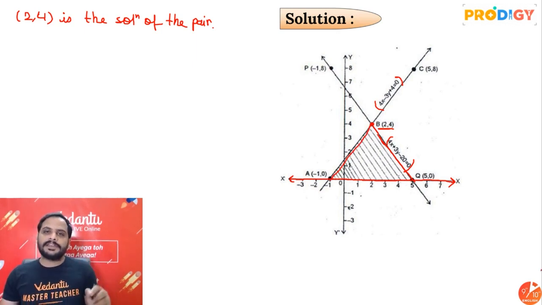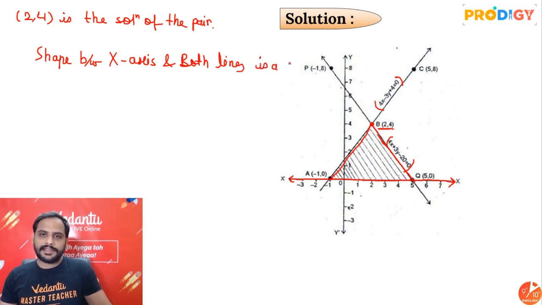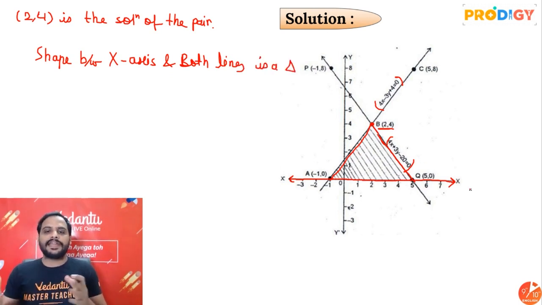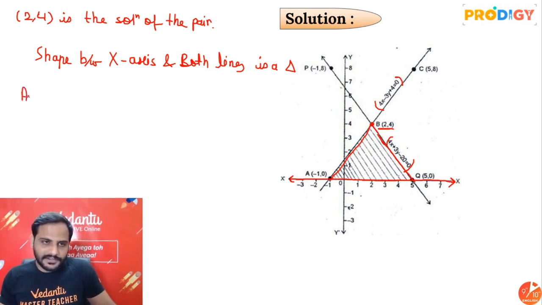And the shape between the x-axis and both lines is a triangle. The area of a triangle, we know, is half into base into height. So let's get the area.